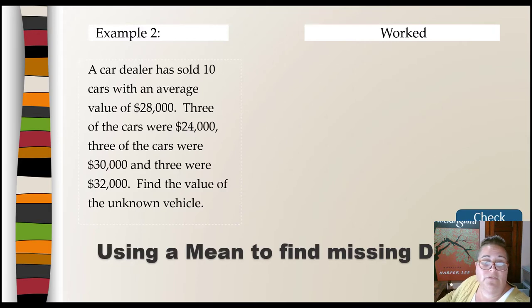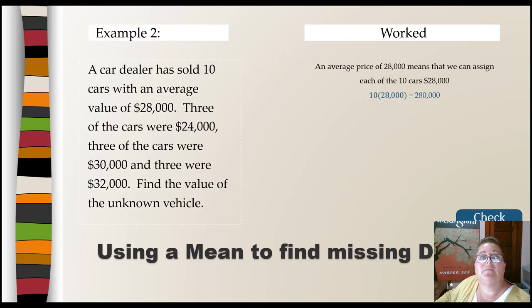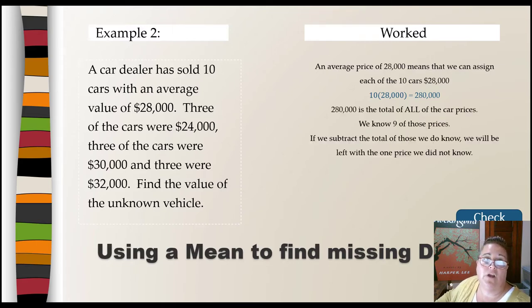So we're going to use the same process. An average of 28,000 means that we can assign 28,000 to each of the 10 cars. And that means that 10 times 28,000, or 280K, is the total amount of his sales. Now, I know he had 3 of each kind, 9 car prices I know.